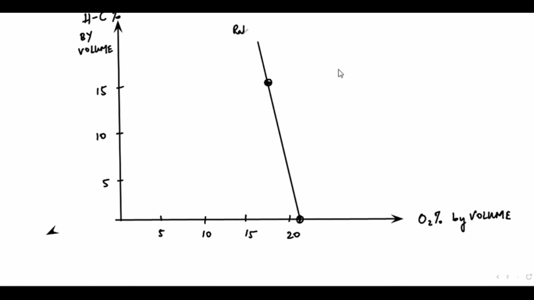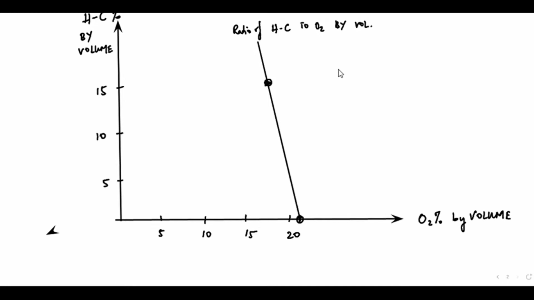Sir, this circle you drew against 15. Yes, if 15% volume of hydrocarbon comes in the tank, then the oxygen volume is likely to reduce to somewhere around 18%. So that is exactly what I have drawn. Roughly, it comes to that.